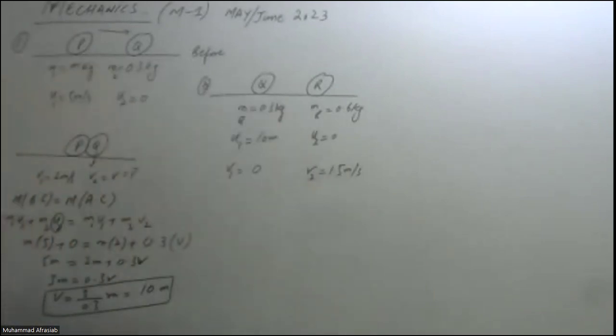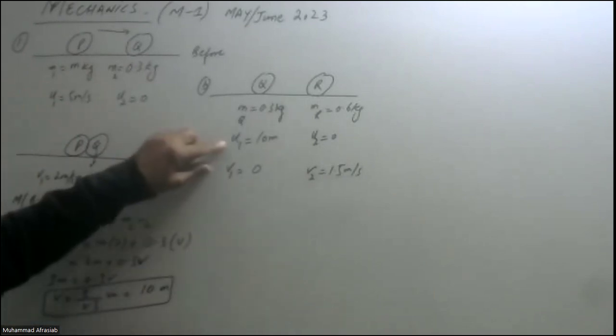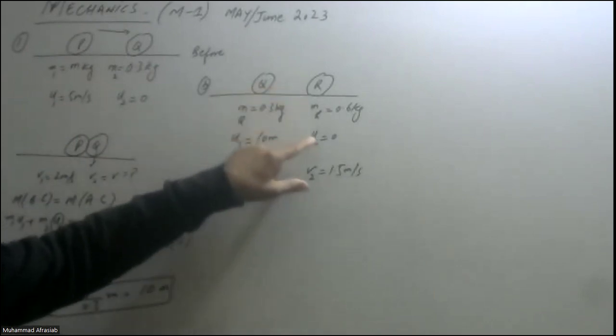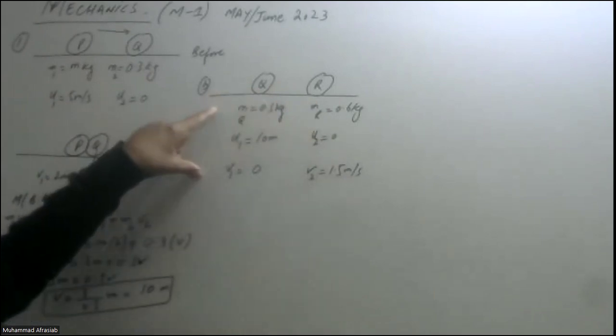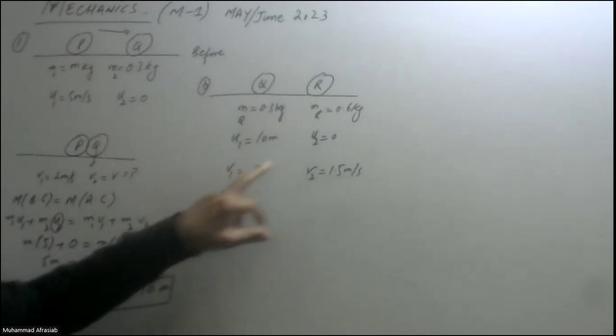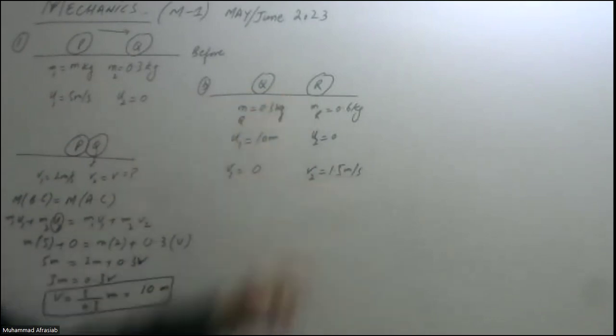In the second part, now Q is going to collide with the particle R, which is at rest. And we have calculated that Q is already moving with the speed of 10m. So that is its u1, whereas the R particle is at rest, so its speed is 0 before the collision. After this collision, particle Q is going to be at rest, and particle R is going to move with the speed of 1.5 meters per second.